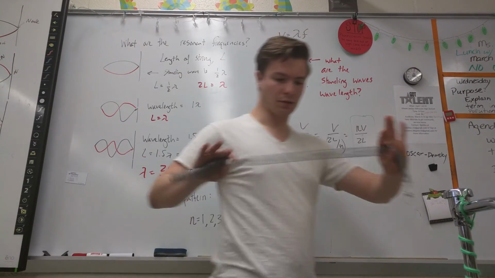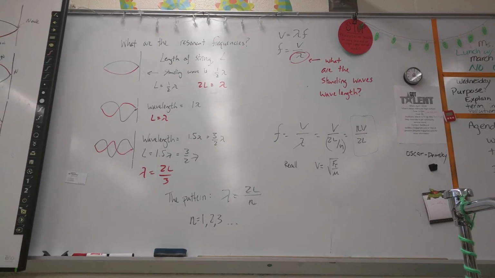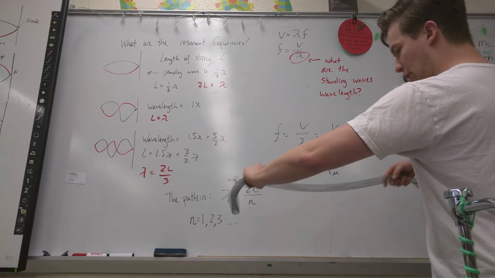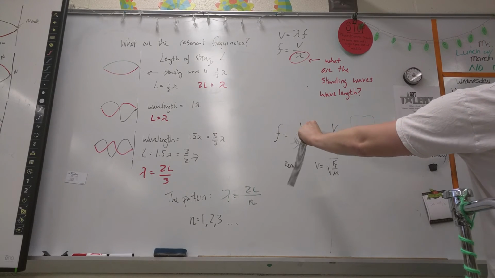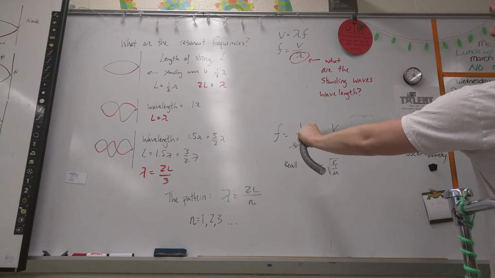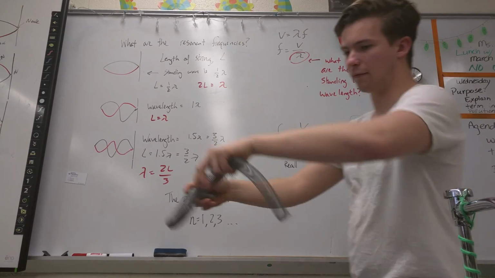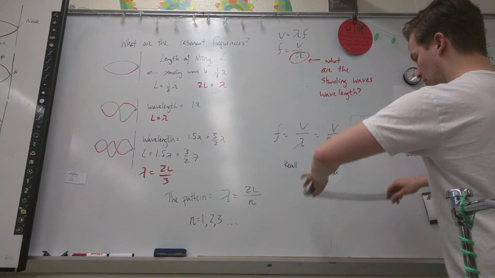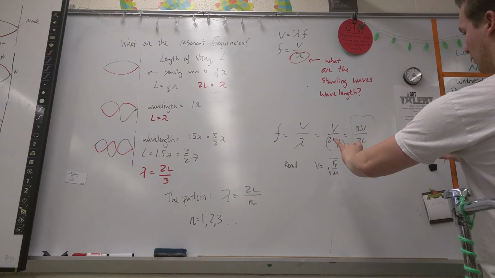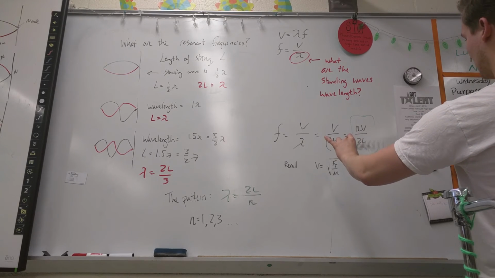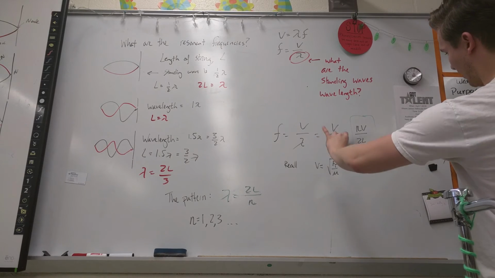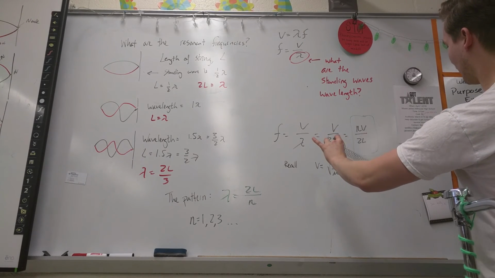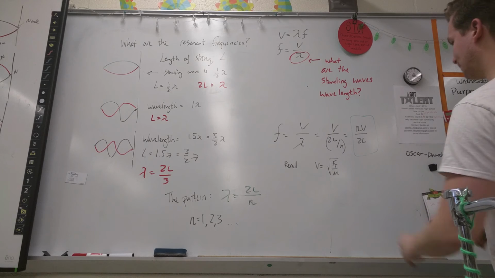I've got this long spring, and I've also got this shorter one. So this expression is telling me that it should be easier to get an oscillating standing wave for the longer spring than for the shorter spring. And that's indeed what I find. Even though I can get this fundamental frequency, it's really hard to get the following standing wave. I don't even think I can do it.